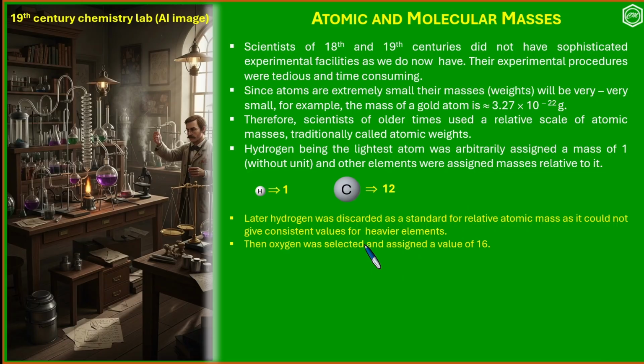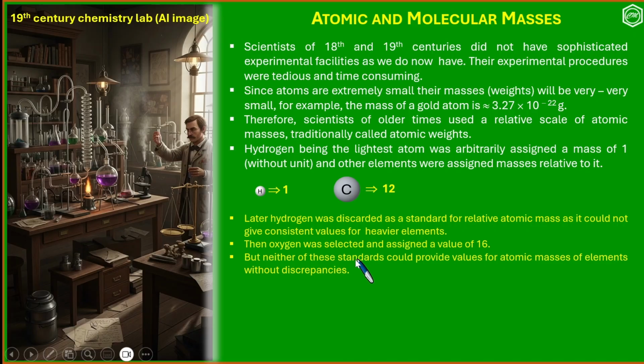Because chemists included heavier isotopes, their atomic mass unit was slightly larger than the physicists' unit. This was confusing and created inconsistencies. But neither of these standards could provide values of atomic mass of elements without discrepancies.